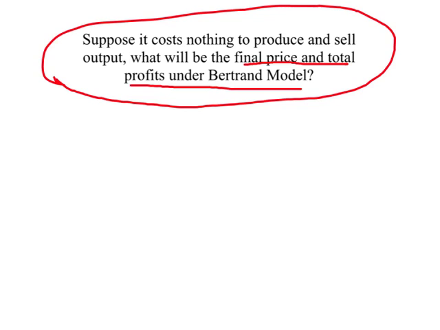This is an interesting question and you should be able to guess the answer. Now in this case, the answer will be the final price will collapse to the cost, and the final price under Bertrand will be zero. And how much profits will be made under the Bertrand model by each of the firms? It will still be zero.